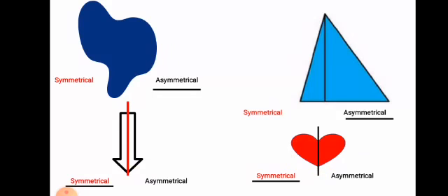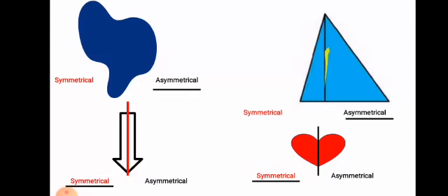The same is here. I cannot see two similar sides, so it's asymmetrical. What about this one here? Very good. We can see two similar sides, so this is symmetrical. And here, very good. Also, this is symmetrical.